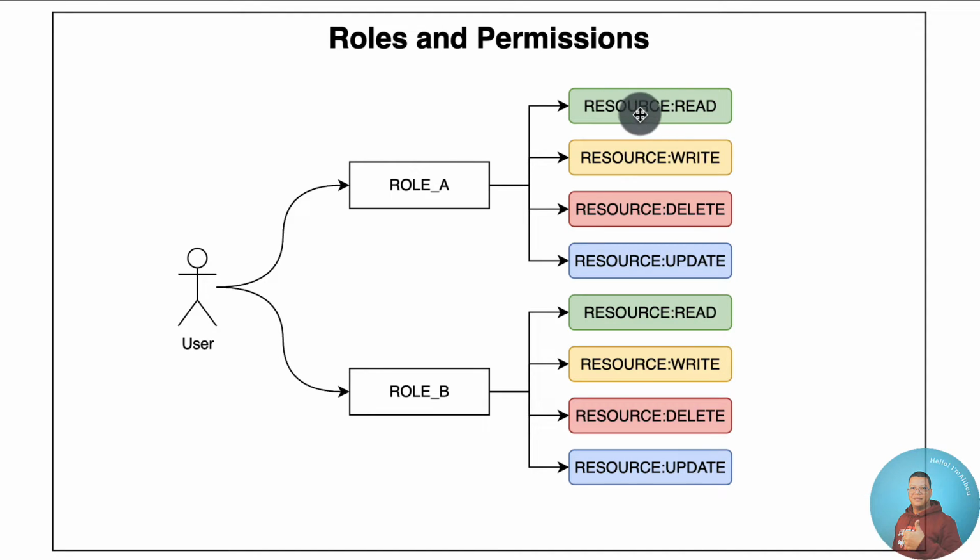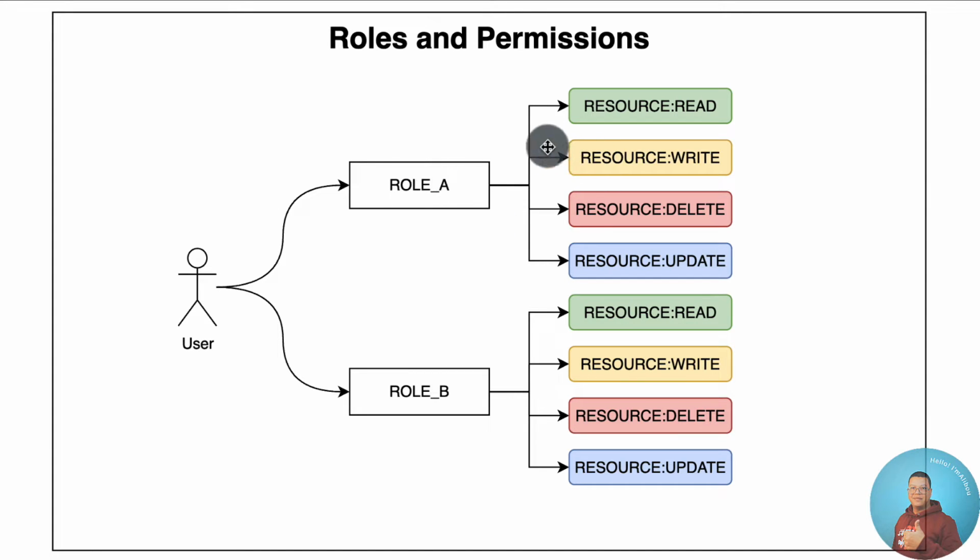Here I need to highlight something: don't stick to one resource. Here we have this read permission, and we can have this read permission multiple times depending on the resource. It 100% depends on the way you design your application and the way you want to limit or control the permissions and the access of your backend.